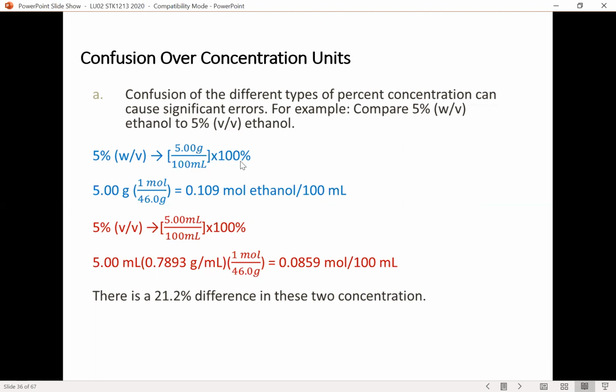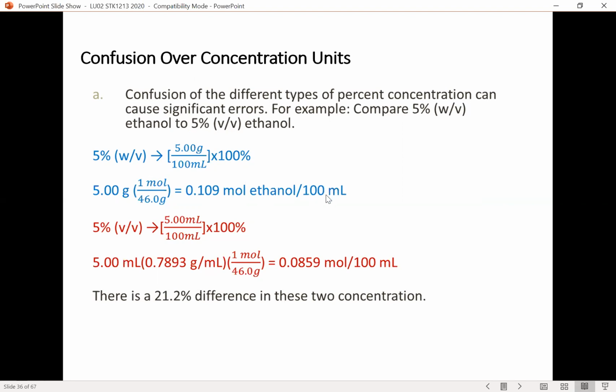Okay, when you times with 100%, you get 5% weight to volume of ethanol. Okay, so 5 gram of ethanol here equals to 0.1 mole of ethanol per 100 ml.